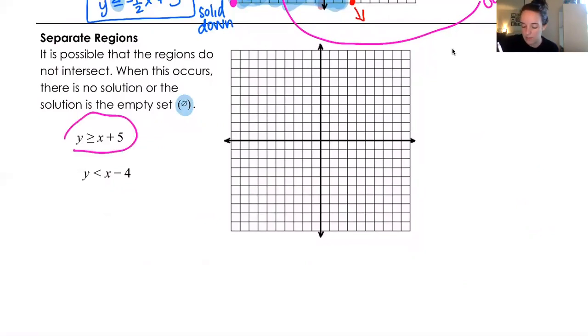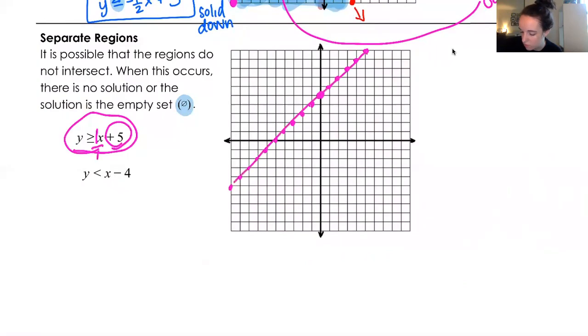I'm going to graph this first one, starting at +5. And this is 1x, so 1 over 1, up 1 over 1, up 1 over 1. So up and over like this, down and backwards, all the way to the edge. I'll draw that line. Wow, terrible line.